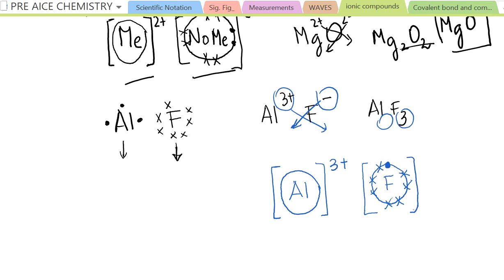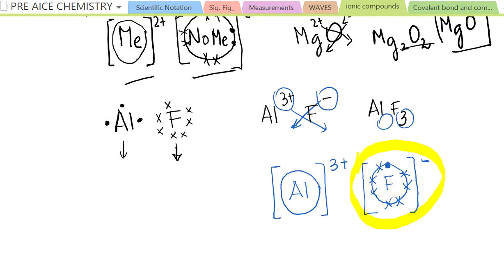So we have a negative charge here. Yes, this extra electron gives the negative charge there. But there is something missing here. We need to what? Balance the charges, yes? So if I have 3 positive here, I need to show that this fluorine, that now I call fluoride because it's negative, is going to be 3 times.